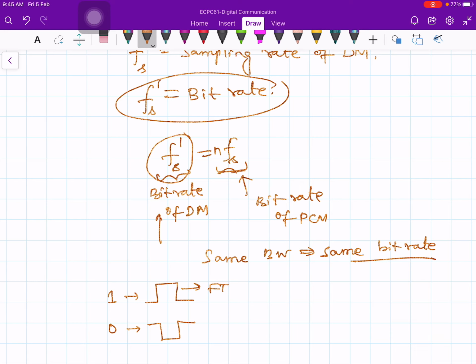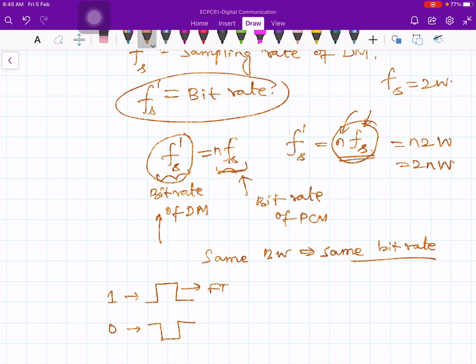So, the bit rate of the delta modulator, fs prime, must be equal to n times the sampling rate, because each sample is denoted by n number of bits. So essentially for each sample you are transmitting n number of bits. So this is the bit rate of the pulse code modulation. Now, from the Nyquist criterion we know that fs is equal to 2 times W. So this is n times 2 times W, so 2nW. This is the fs prime.